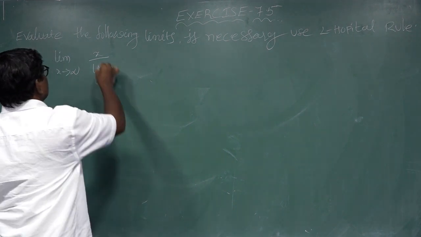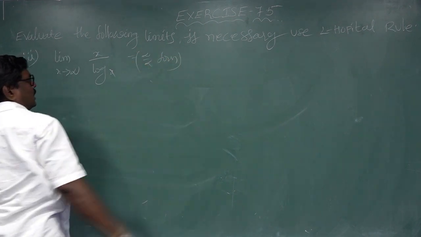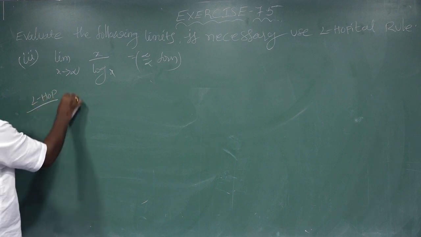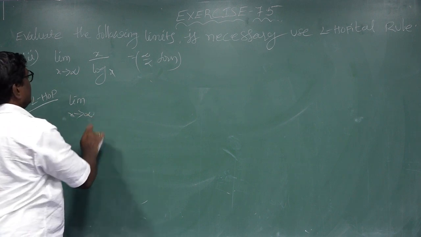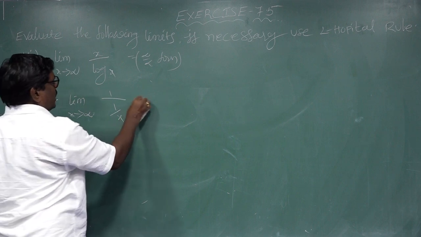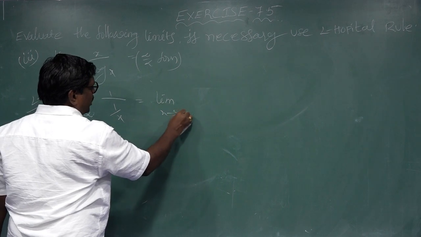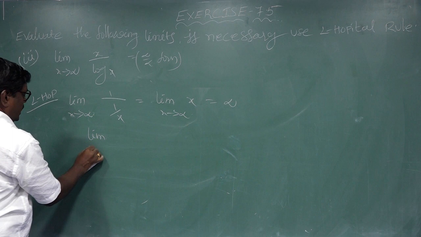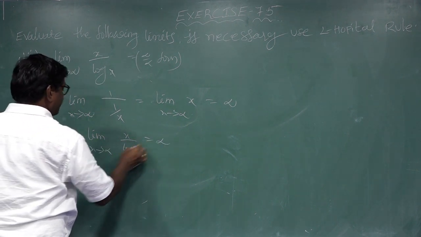This is of the form infinity by infinity, so we use L'Hospital's rule. Take the derivative of the numerator, which is 1, and the derivative of the denominator, log x, which is 1/x. This gives x, and the limit as x tends to infinity of x is infinity. So the limit as x tends to infinity of x/log x is infinity.